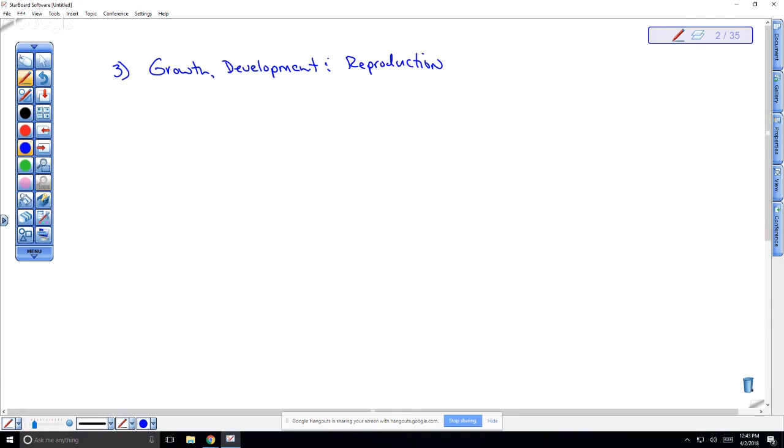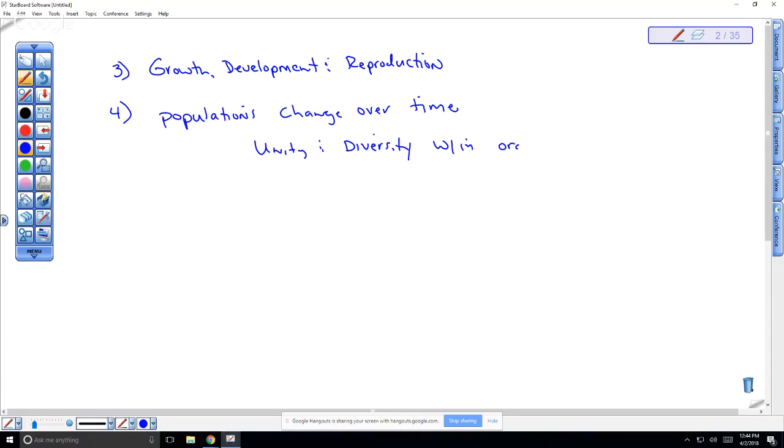The other characteristic of living things is that they will change over time. So I'll just put populations change over time. And this is the big idea, that there is unity and diversity within organisms.